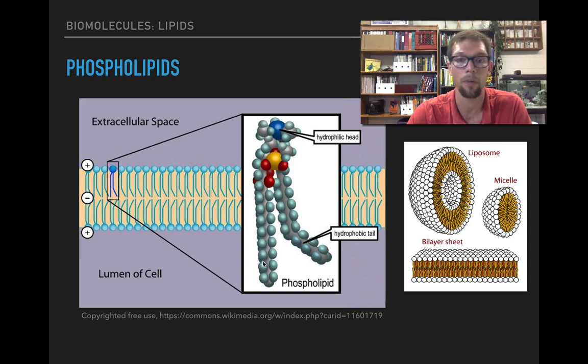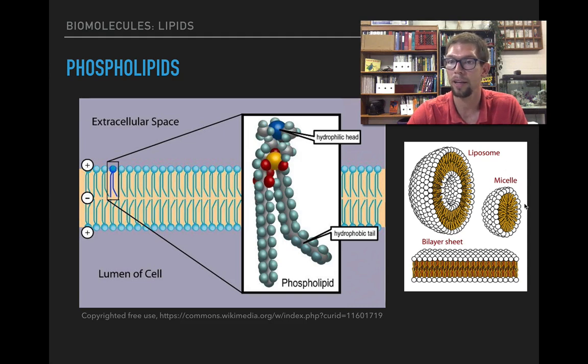Since they are hydrophobic, water is not going to want to interact with them, and water is going to prefer to interact with itself, so these end up getting pushed together, and you have them facing each other such that you have this interior that's made up of the nonpolar regions, and then the exterior of these membranes are out here interacting with the water molecules because they're polar. So you end up with a phospholipid bilayer membrane.